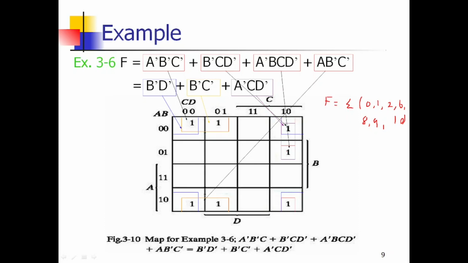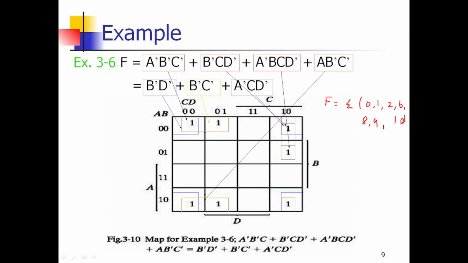So what are the possibilities of mapping here? For 16 cells, that is, for a 4 variable K-map, we have to go with the preference of 16 adjacent cells. Is there any 16 adjacent cells here? No, we don't have 16 adjacent cells. We have to check with the octet possibility, 8 adjacent cells.